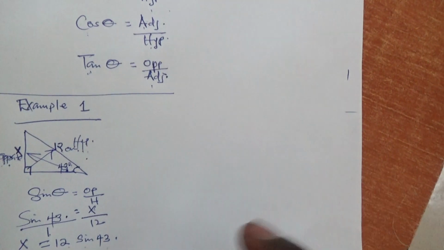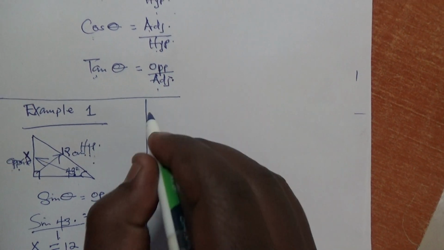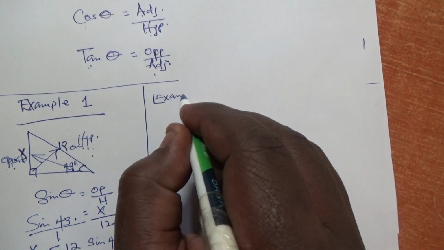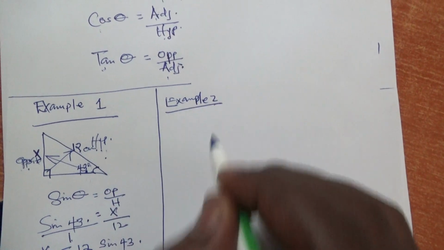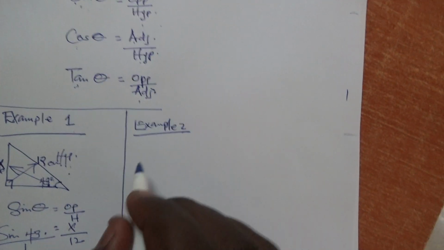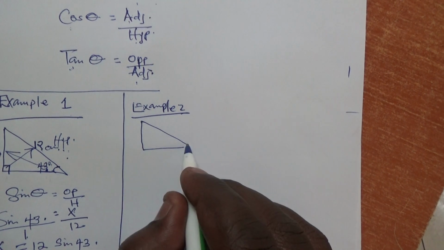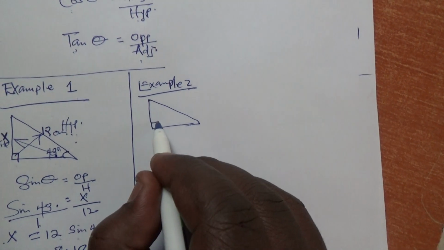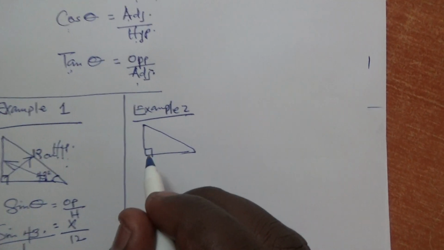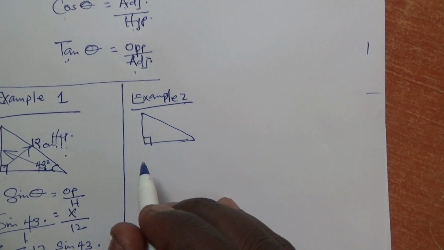We are going to example 2. Under example 2, we also have another triangle like that, and it is a right angle triangle, of course.